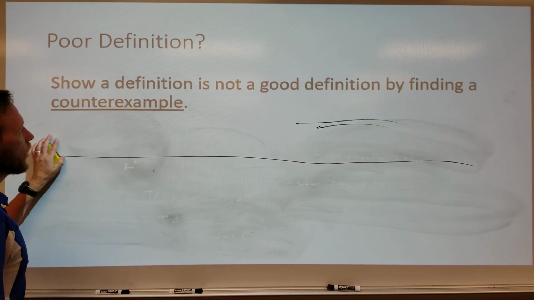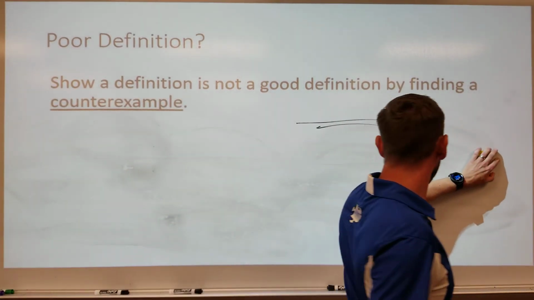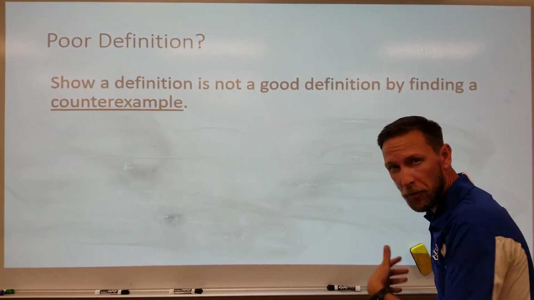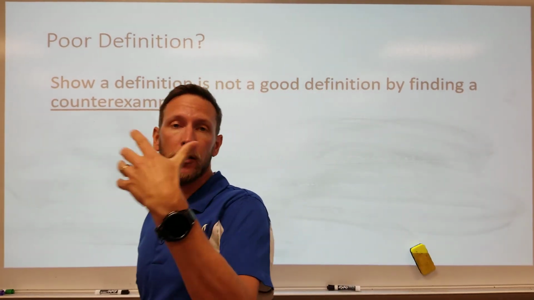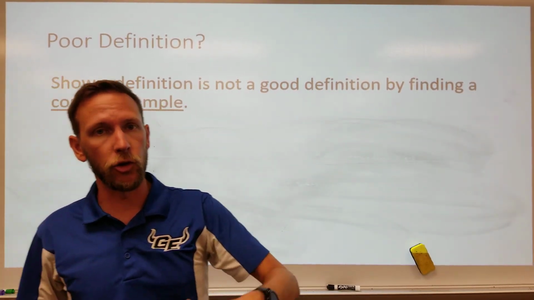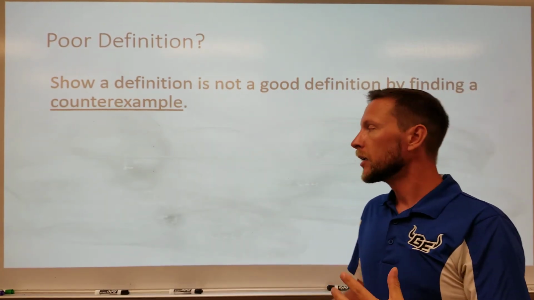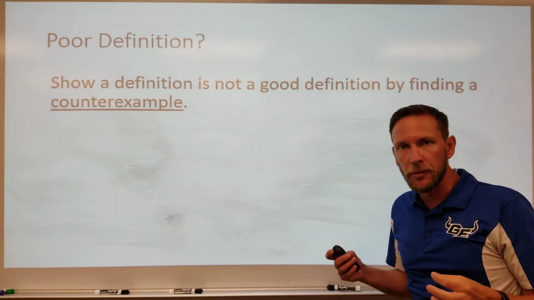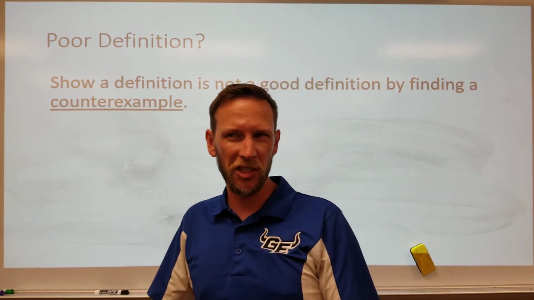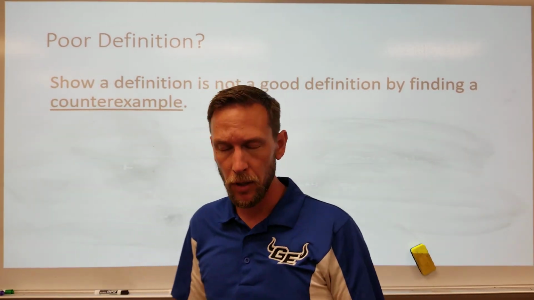To show that a definition is not a good definition, instead of going through that whole process of writing out conditional, converse, are they true, can I write the biconditional, or is it not reversible? Instead of doing that, you can simply provide a counterexample to say, this is not a good definition, all right?